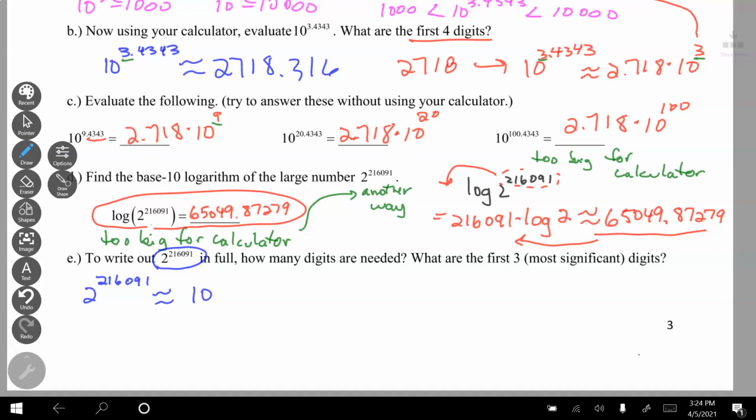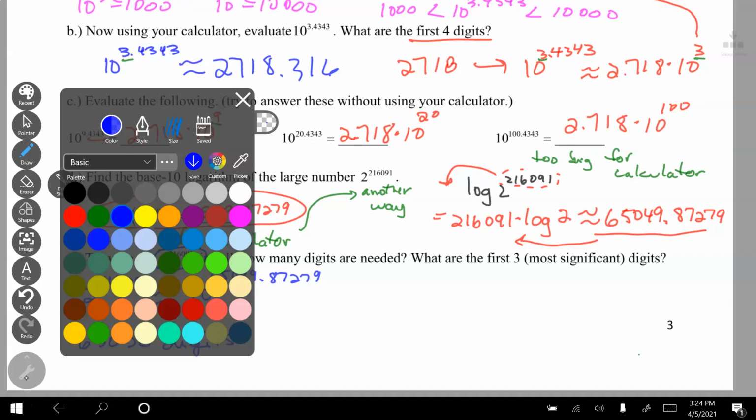So if I really want to know what is 2 raised to the 216,091, by my rules of logarithms, I could do 10 raised to the 65,049.87279. They're going to be about equivalent. But remember, 3 was a 4-digit number, 9 was a 10-digit number, so on and so forth. So this must be a number that has 65,050 digits. I'm not going to write that out.